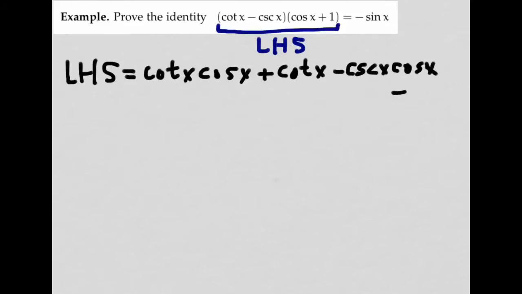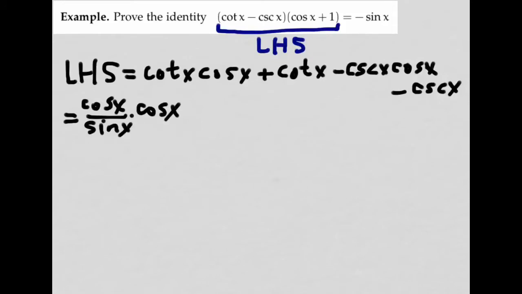minus cosecant x. Now let's write everything in terms of sine and cosine. Cotan x is cosine x divided by sine x times cosine x.